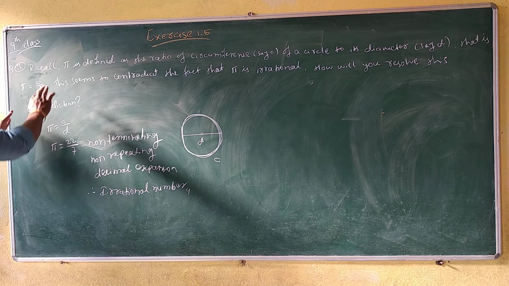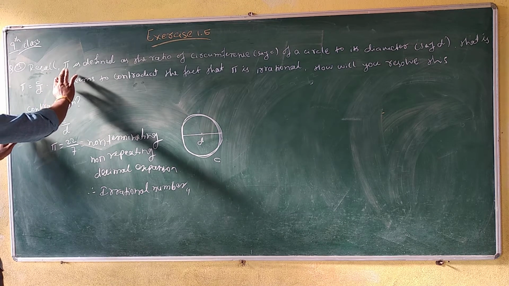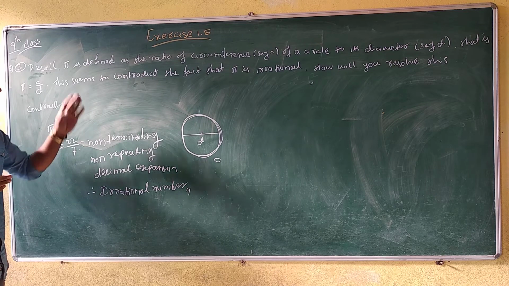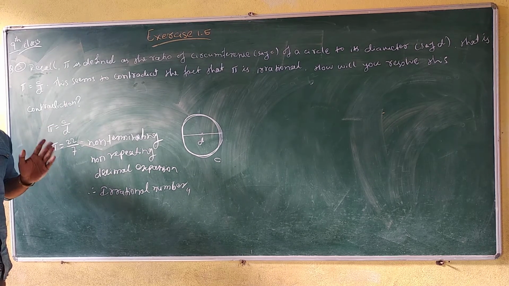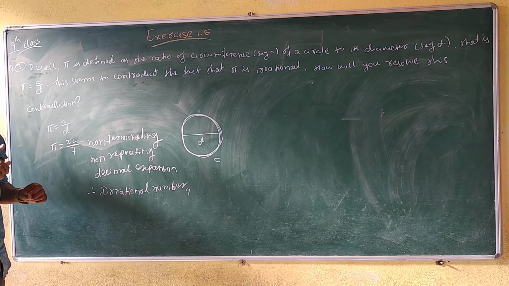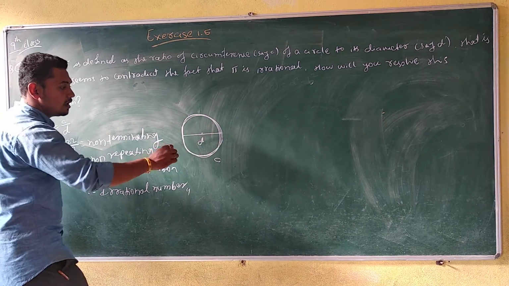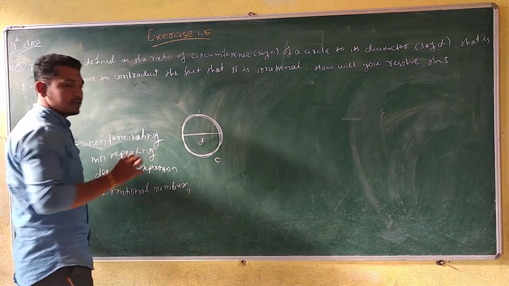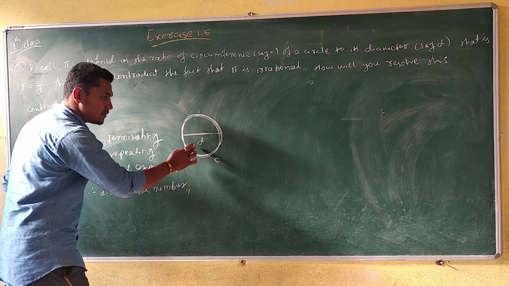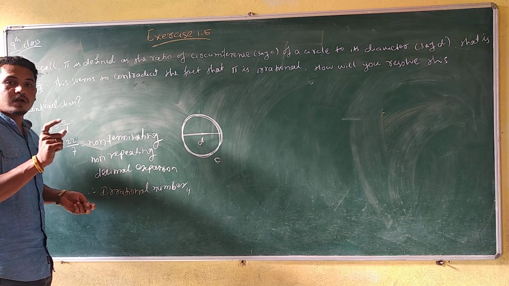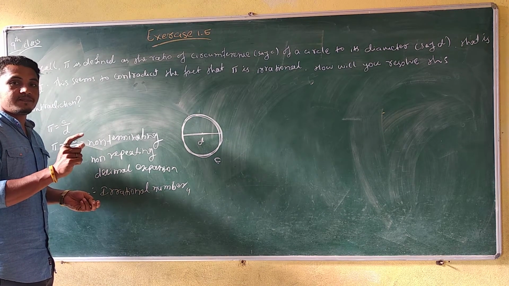See here, recall means pi is defined as, you already know the concept of pi. Pi is equal to circumference divided by d of a circle. This is one circle, this is the diameter and this is the circumference of this circle. Circumference divided by d is equal to pi, and a particular fixed value of pi is there.